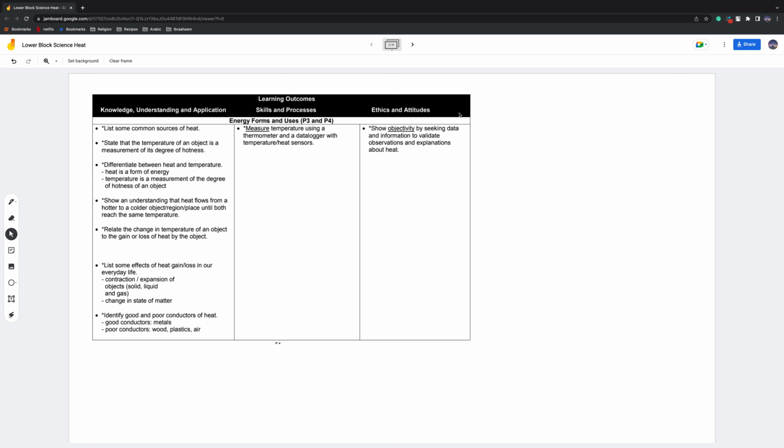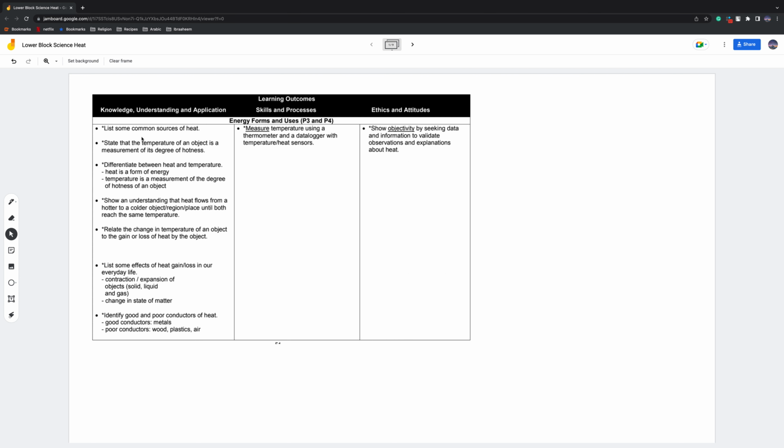Alright, so we'll look at the things that you're required to know first, or rather what you need to learn or to understand in this topic. You are supposed to be able to list some common sources of heat. It's quite easy, it's basically anything that generates heat.